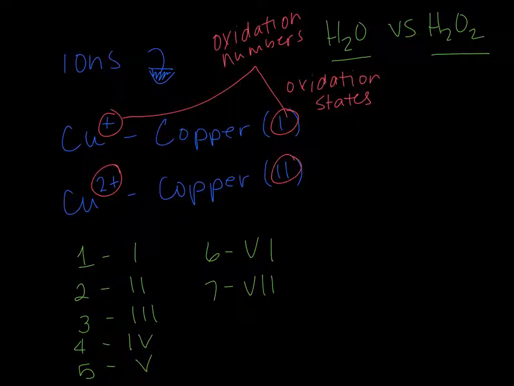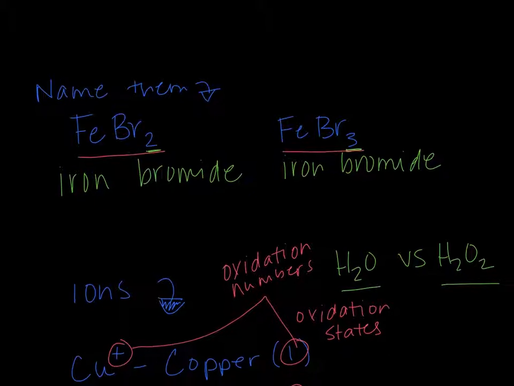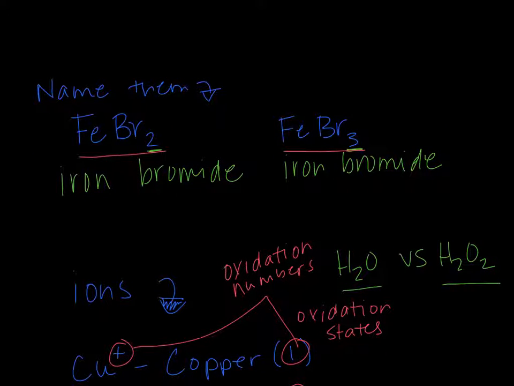All right. So if we go back up to the top here where we had our iron compounds, right? We have iron bromide and iron bromide. And so for me to find out what the charge is, all I'm going to do is bring these charges back up.